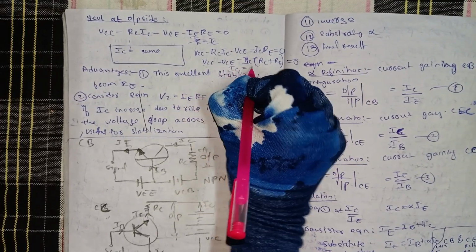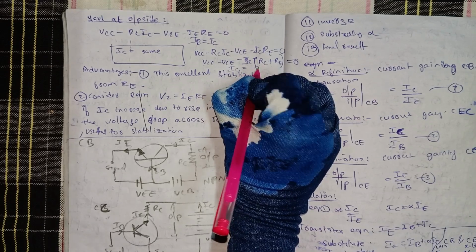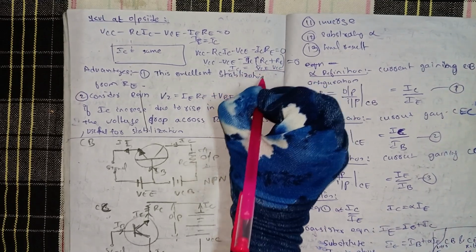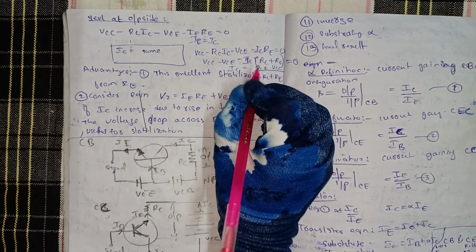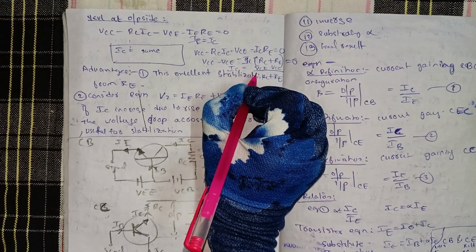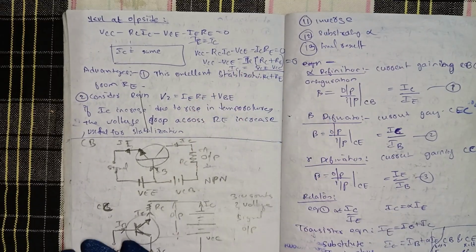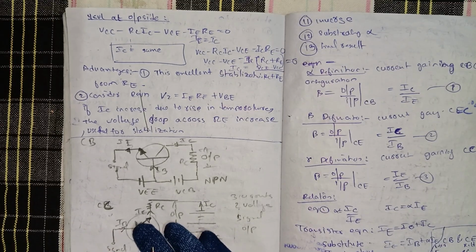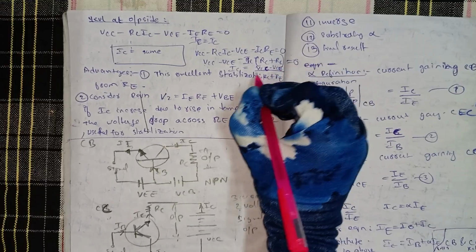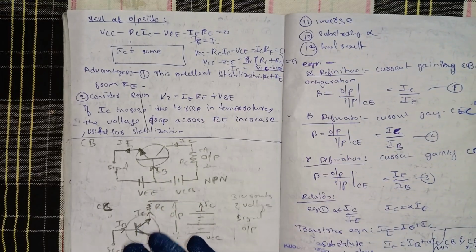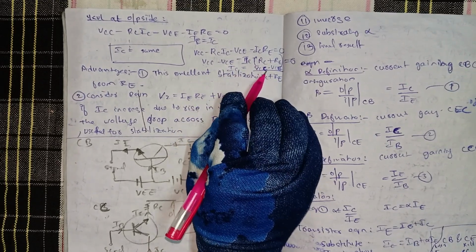Then the IC value becomes (VCE minus VCC) by (RC plus RE). So here we get IC equals (VCC minus VCE) by (RC plus RE), because the negative symbol cancels and it becomes the same.